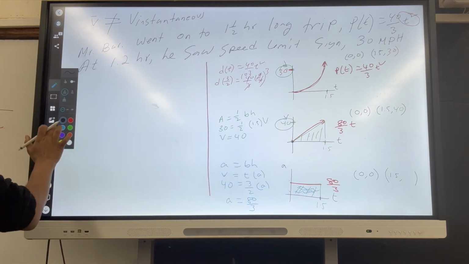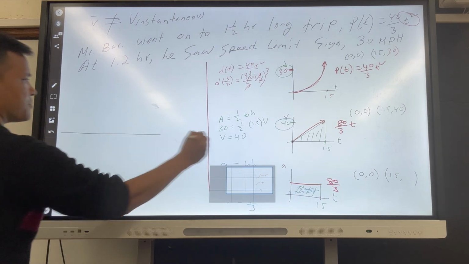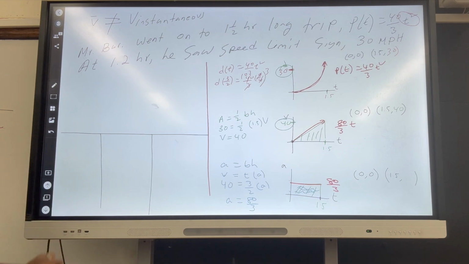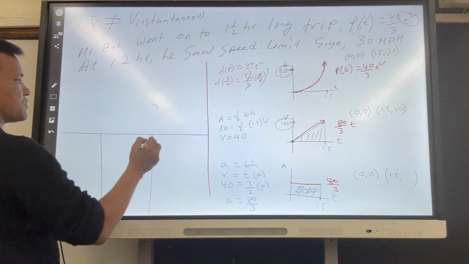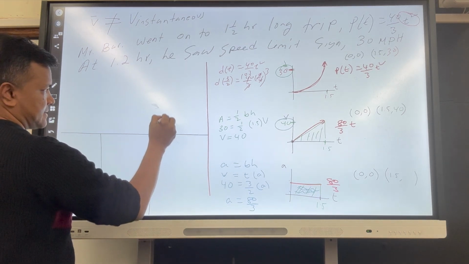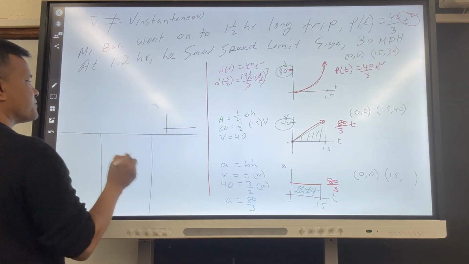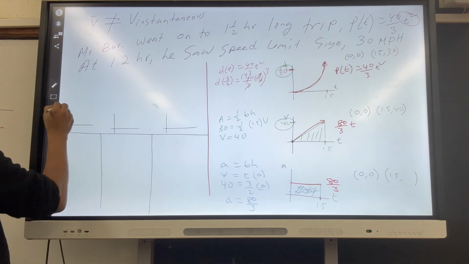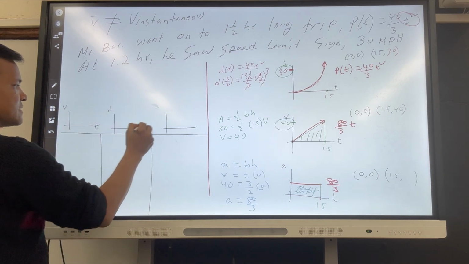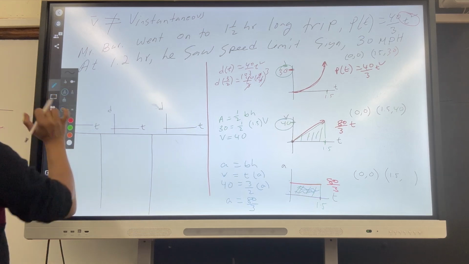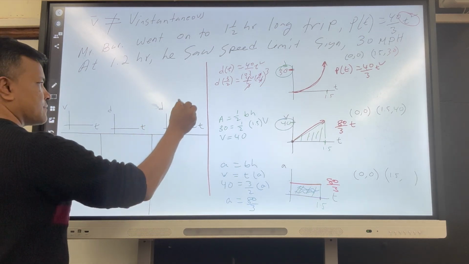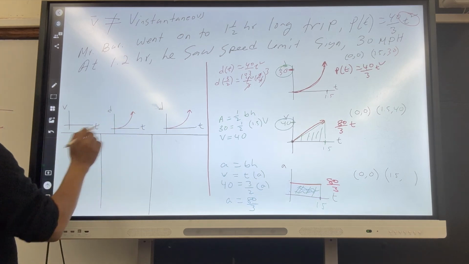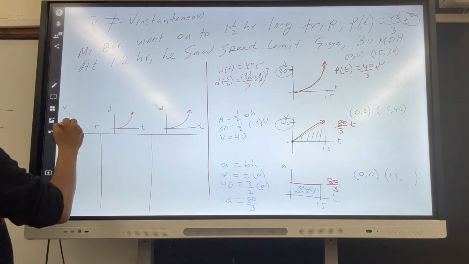Now I'm gonna give you three more graphs. So graph 1, graph 2, and graph 3. The graph 1 I'm going to put over here, and this is your dt, this is also your dt, this is your vt. If this is curved, this is diagonal.